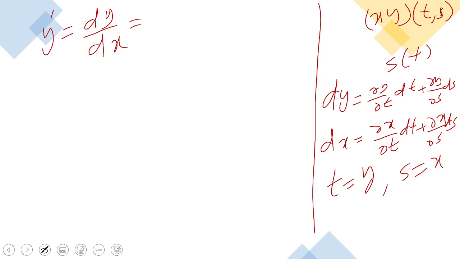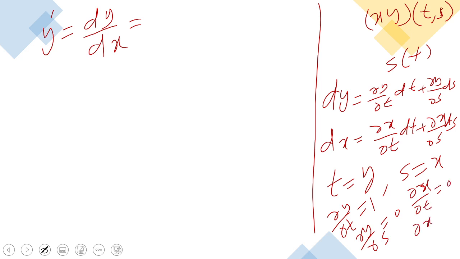So using these, partial y partial t is 1 and partial y partial s is 0. Partial x over partial t is 0 and partial x over partial s is 1.